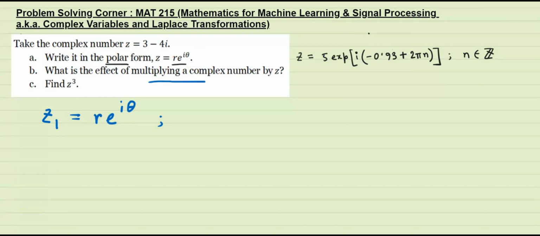If I multiply this with z, I get r times 5, and then e to the power i times theta minus 0.93, presuming theta is also in radian, plus twice pi n.